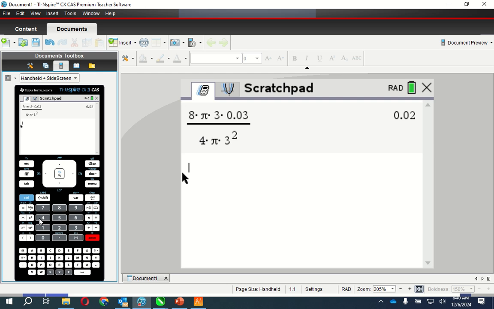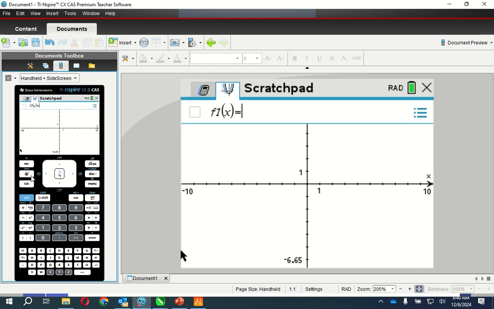F of 0, so it was x squared or x cubed? Okay, so let's do this here because we're going to need this several times. X cubed.